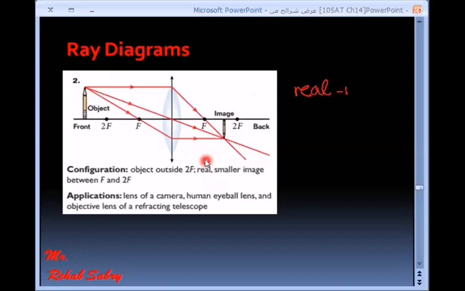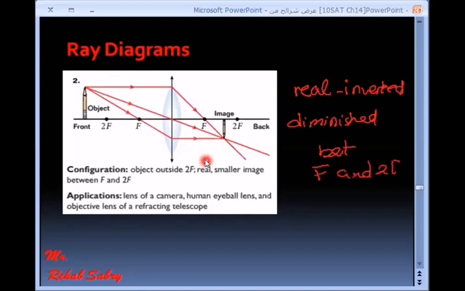Because it's real, I have to say it's inverted, or upside down, and it's diminished, or smaller than the object, and it's between F and 2F. So these are four characteristics of this image, if the object is outside 2F.